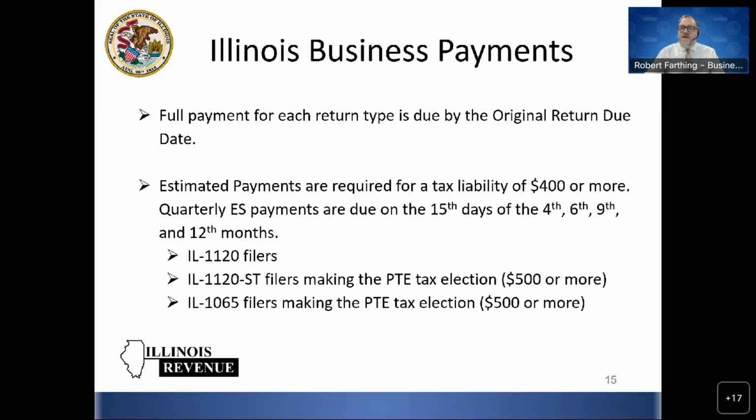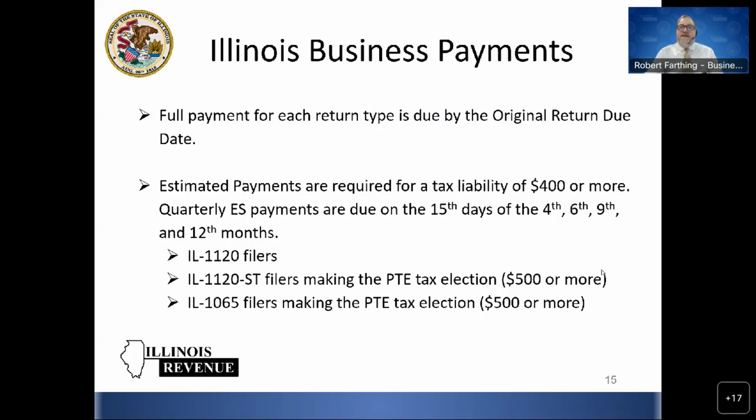These quarterly payments are due on the 15th days of the 4th, 6th, 9th, and 12th months of the tax year. For those electing to pay pass-through entity tax on an IL 1120 ST or an IL 1065 return, estimated payments are due for a tax liability of $500 or more.